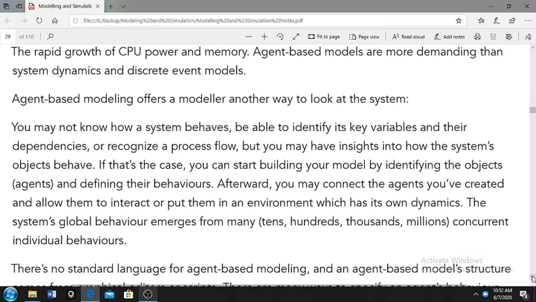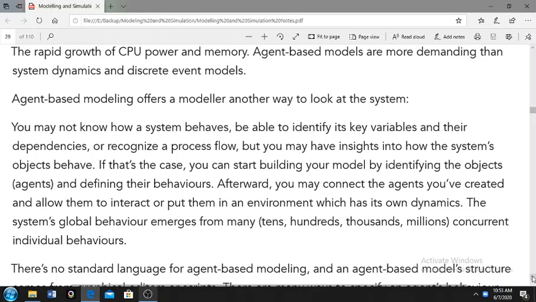You may not know how a system behaves, be able to identify its key variables and their dependencies, or recognize a process flow, but you may have insight into how the system objects behave. If that's the case, you can start building your model by identifying the objects, called agents here, and defining their behavior.